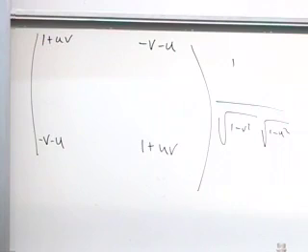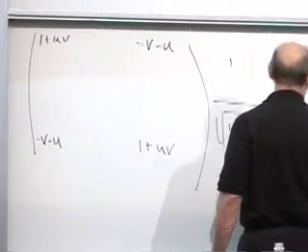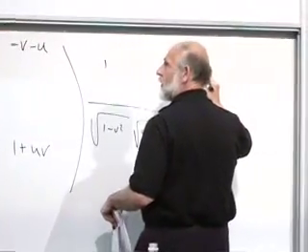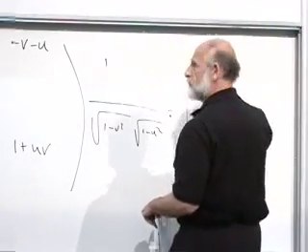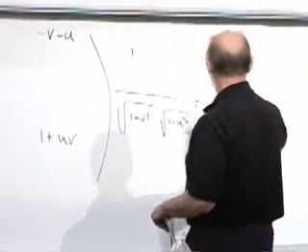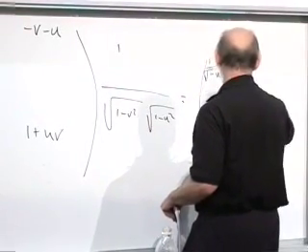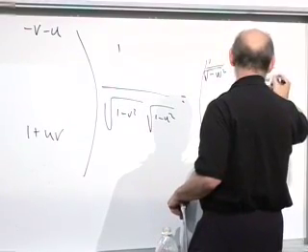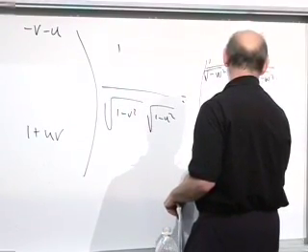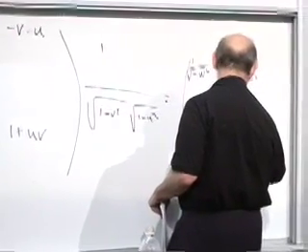Now, the question is, does this have the form, well, what form do we want it to have? One over square root of 1 minus w squared, w over square root of 1 minus w squared, minus w over the square root of 1 minus w squared, 1 over square root of 1 minus w squared.